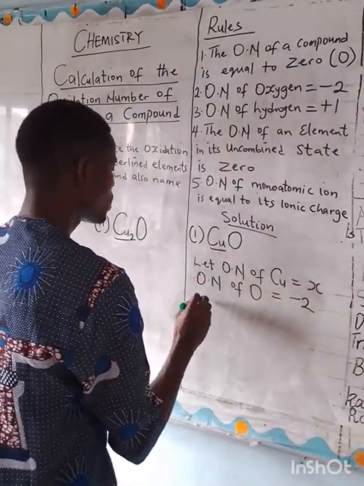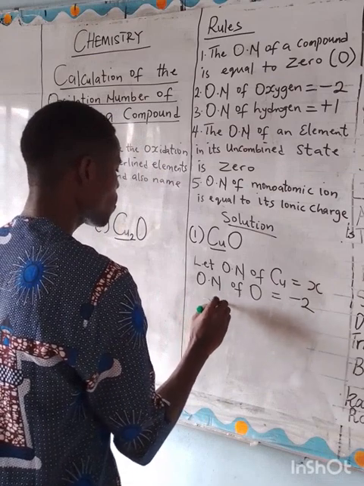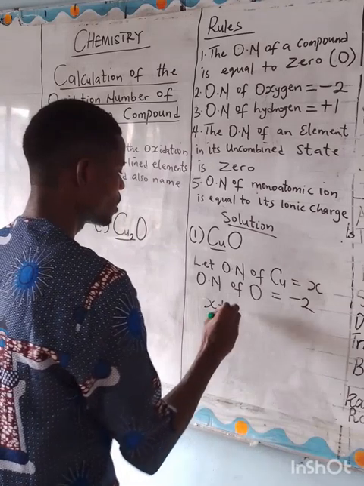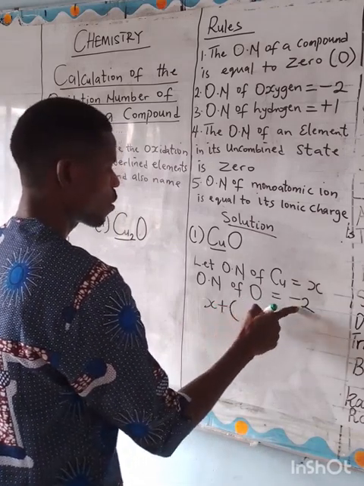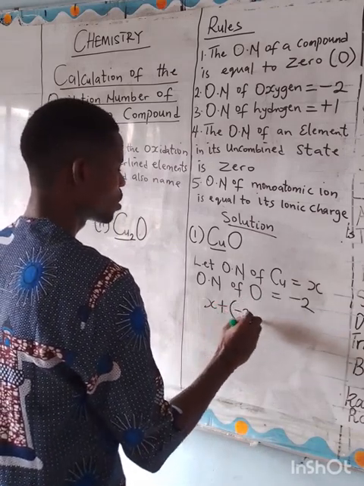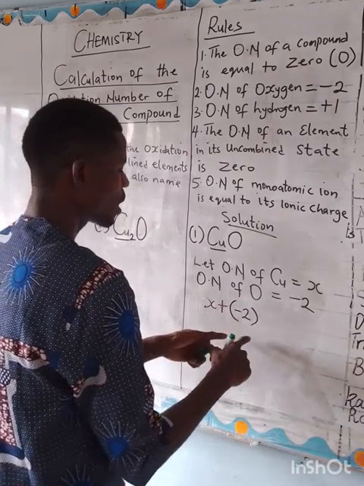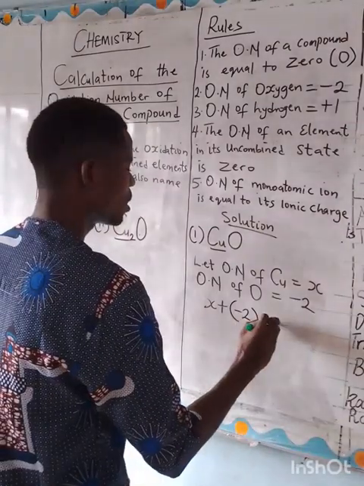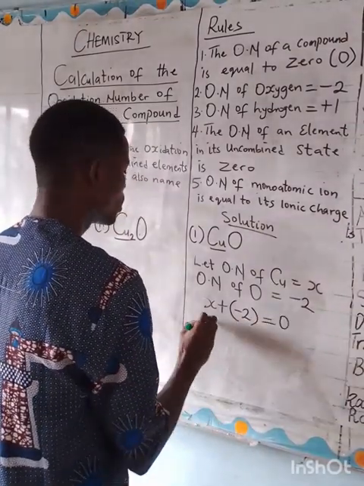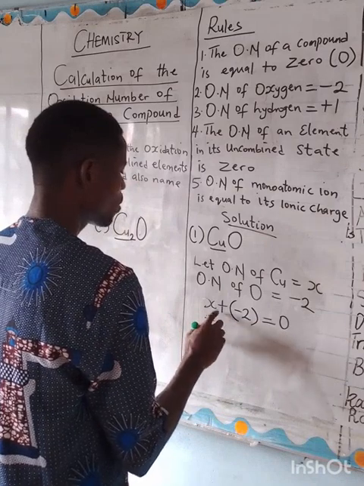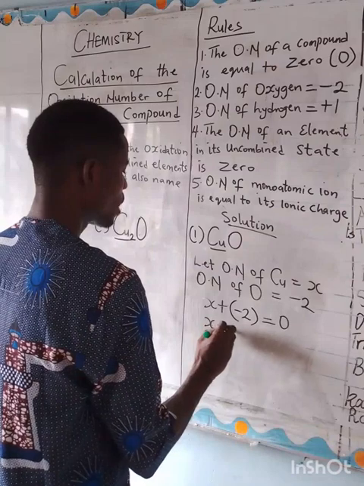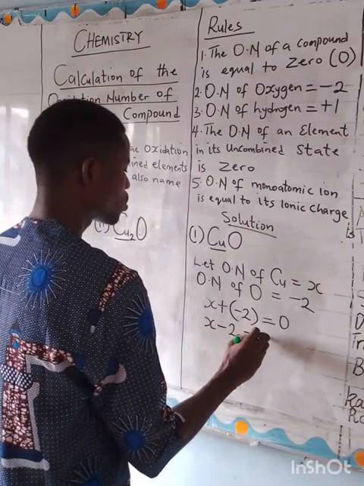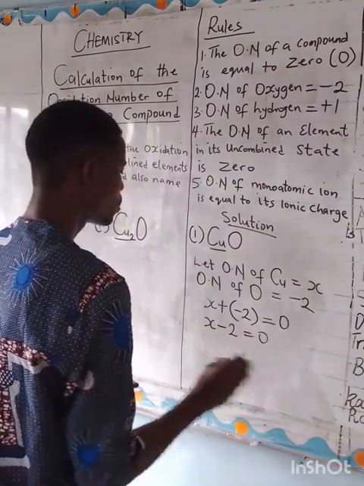That of copper is equal to X, plus, you add it up, then for oxygen, remember it's minus 2. The reason why we put this bracket is so that we can have a correct answer equal to 0. So X plus minus 2 equal to 0. Are you following now? Good. Now X.